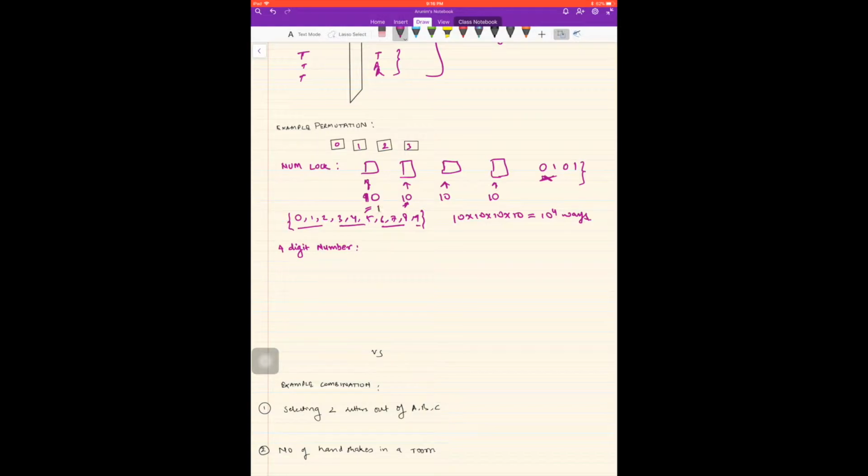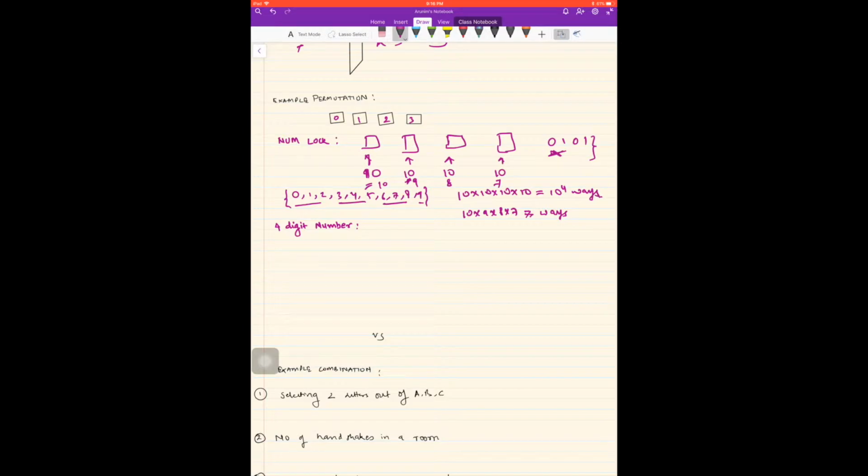In that case, you can fill it using 9 digits, and taking our argument further, this can be filled in 8 and this can be filled in 7. So basically you have 10 into 9 into 8 into 7 ways in which you can have these 4 digit keys with distinct digits in each of the boxes, right? So this is the number of ways in which you can do it.